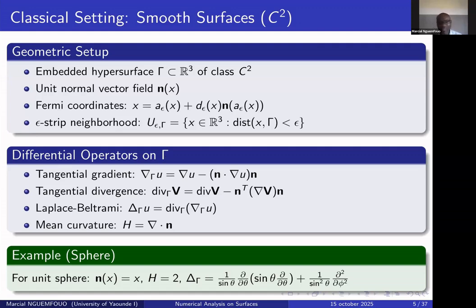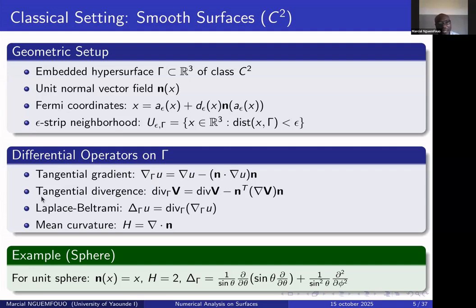operator. On surface, the gradient is defined like this, what we call the tangential gradient. It's defined like this, where this n is a unique normal, and this gradient u is the classical gradient.